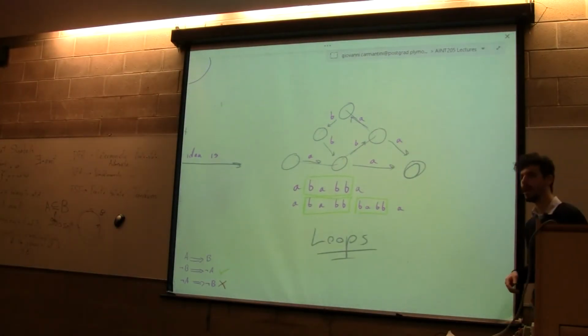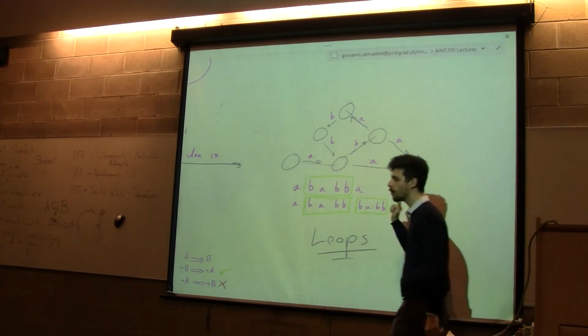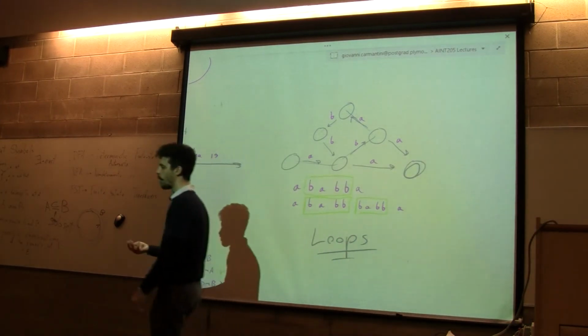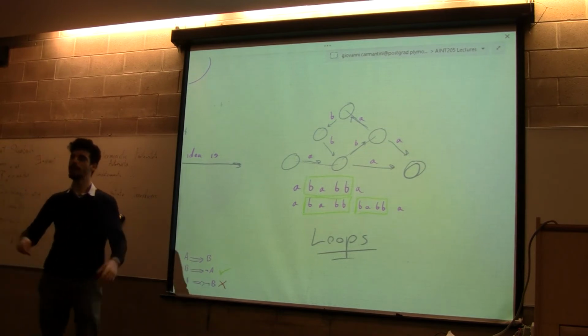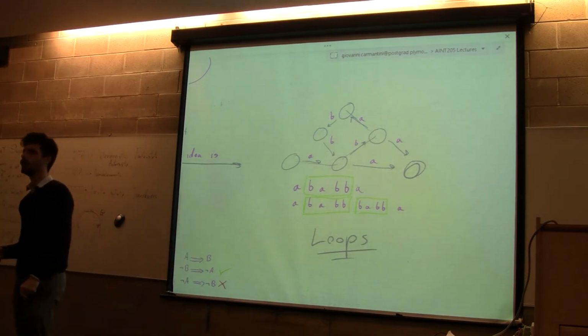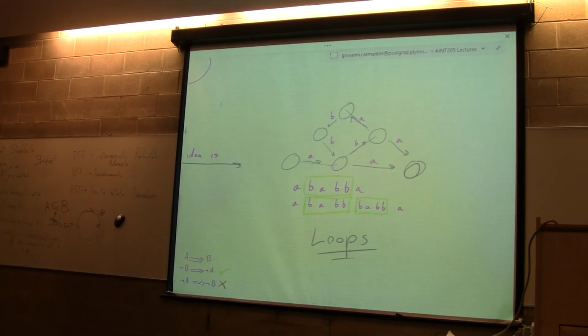So I'll try to rephrase my definition of the pumping lemma, right? So what the pumping lemma means is that, okay, you have a language and you are saying it is regular. If a language is regular, it means that you can build a DFA recognizing the language, right?